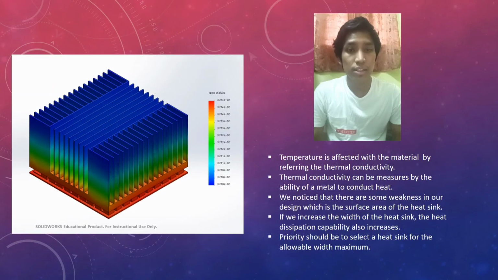After running the simulation, we noticed that there are some weaknesses in our design, which is the surface area of the heatsink, because the temperature at the cool side of our heatsink is not very different compared to the standard heatsink. The heat dissipation capability also increases if we increase the width of the heatsink. The important thing is to select the heatsink for the maximum allowable width rather than the maximum allowable fin.